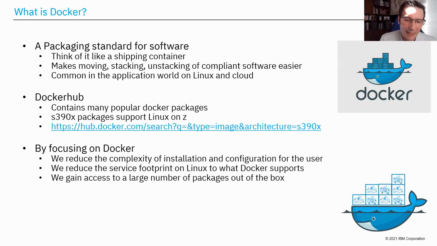And simply by clicking on this link in the PDF handout, you can start to see all the applications that can run on z/OS in ZCX right out of the box when you install it. So again, we're trying to reduce the complexity, and we gain a large number of packages out of the box by supporting this Docker framework.